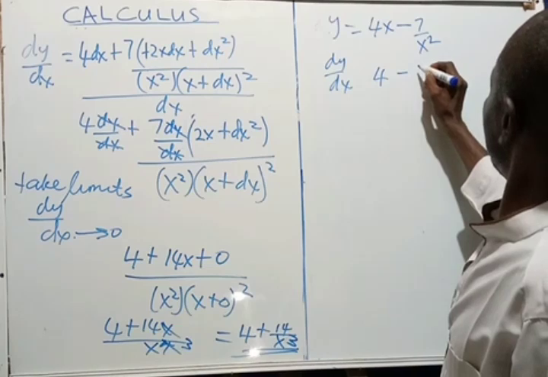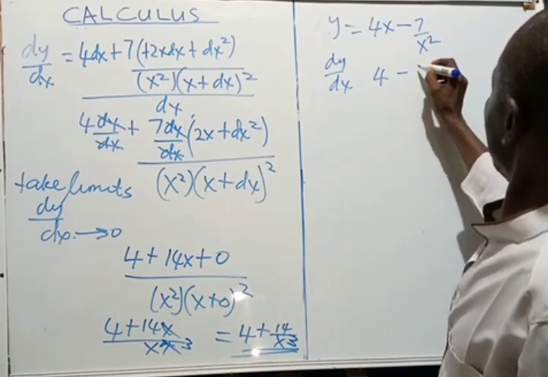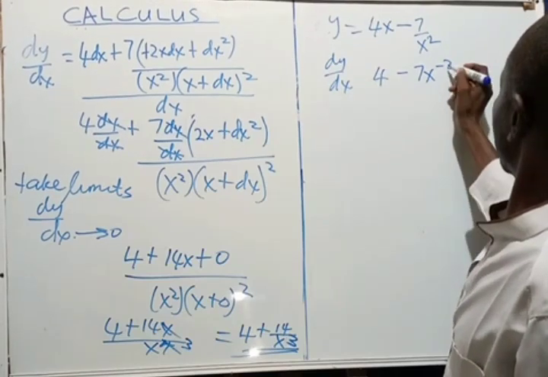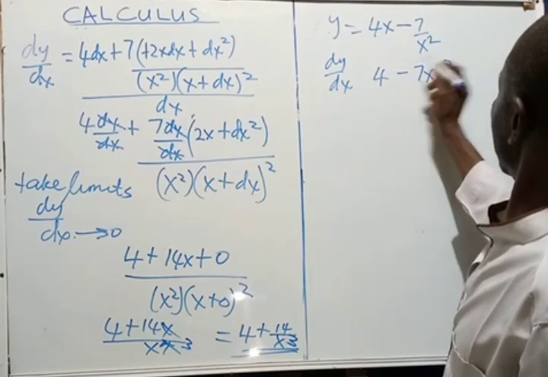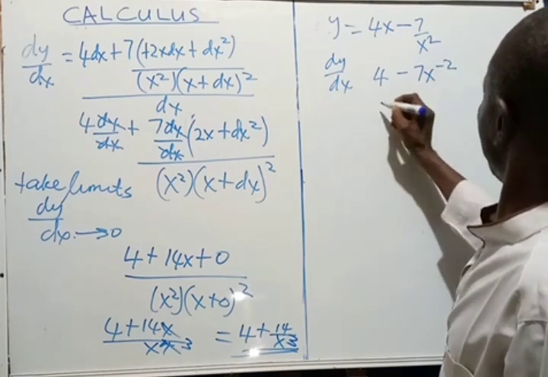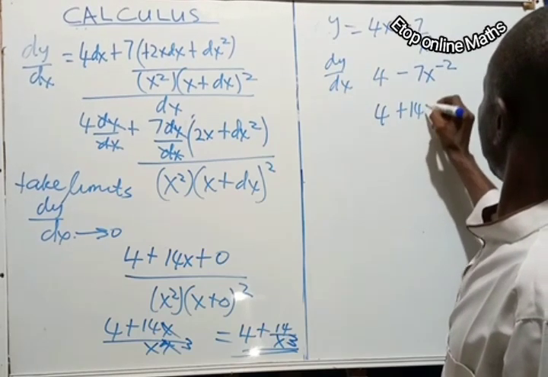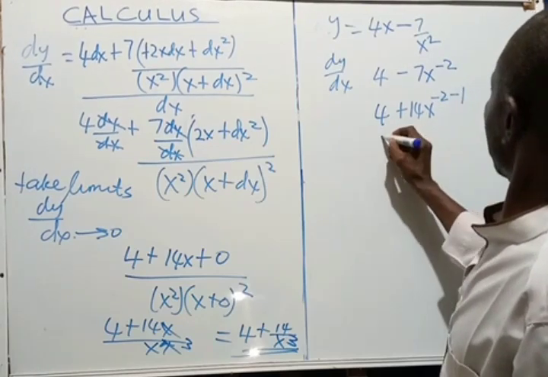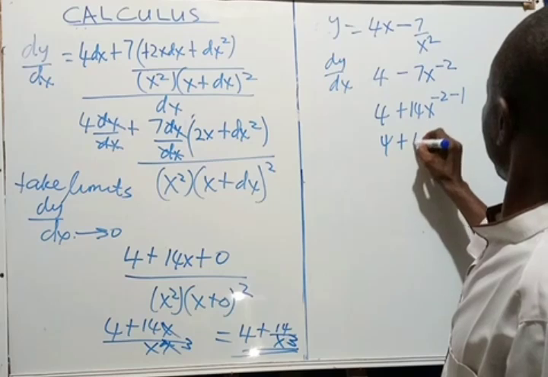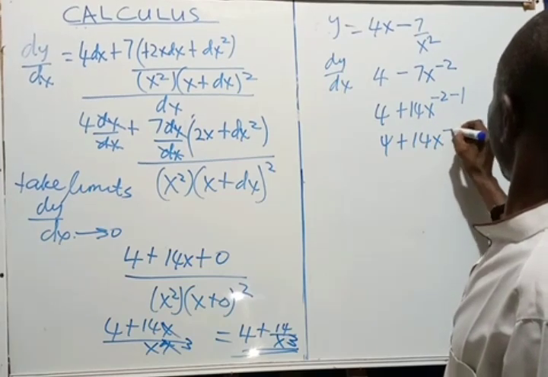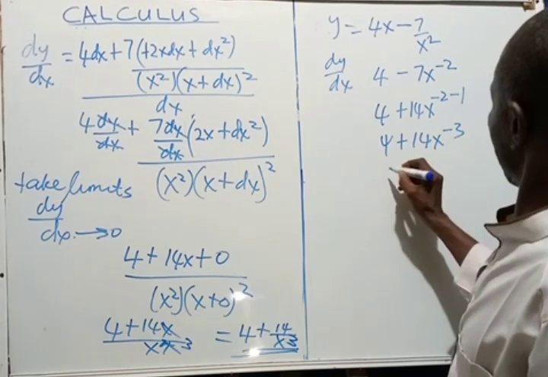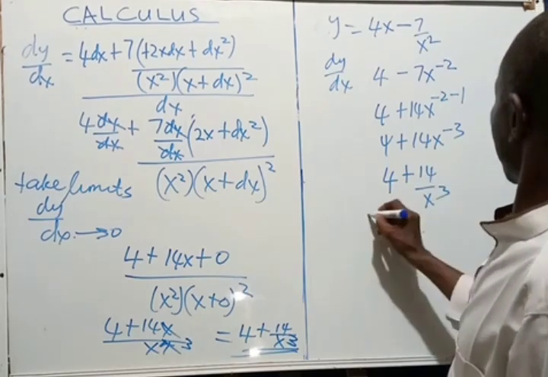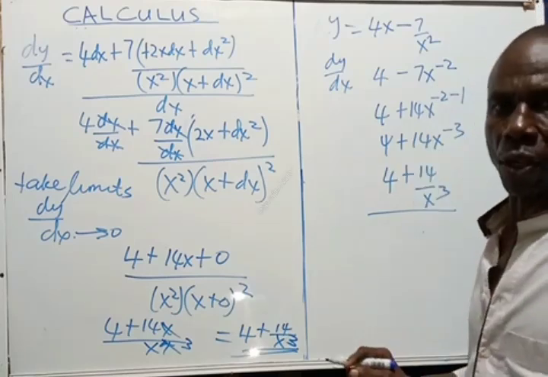Minus 7x raised to power minus 2. The differential here is simply minus 2 times the minus 7, that gives you 4 plus 14x raised to power minus 2 minus 1. This would have been 4 plus 14x raised to power minus 3. Kept in the index form, we still have the 4 plus 14 over x raised to power 3. But the examiner did not want this method.